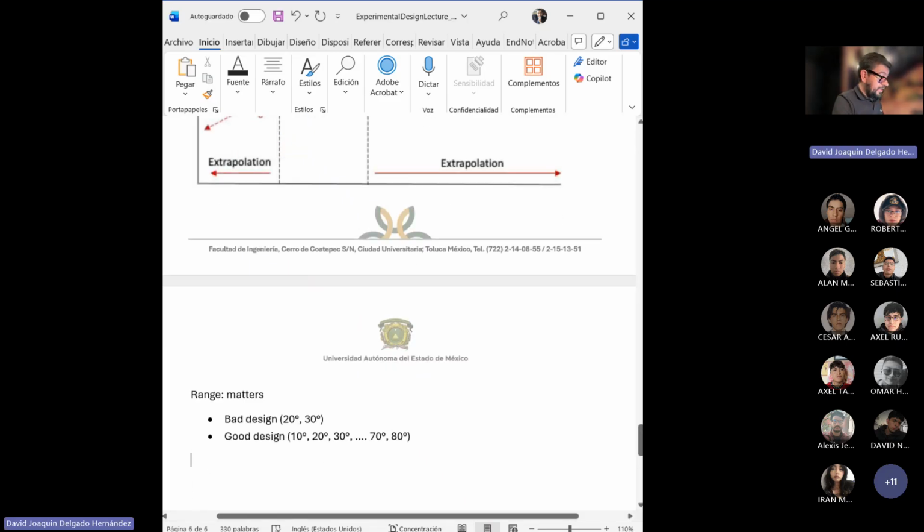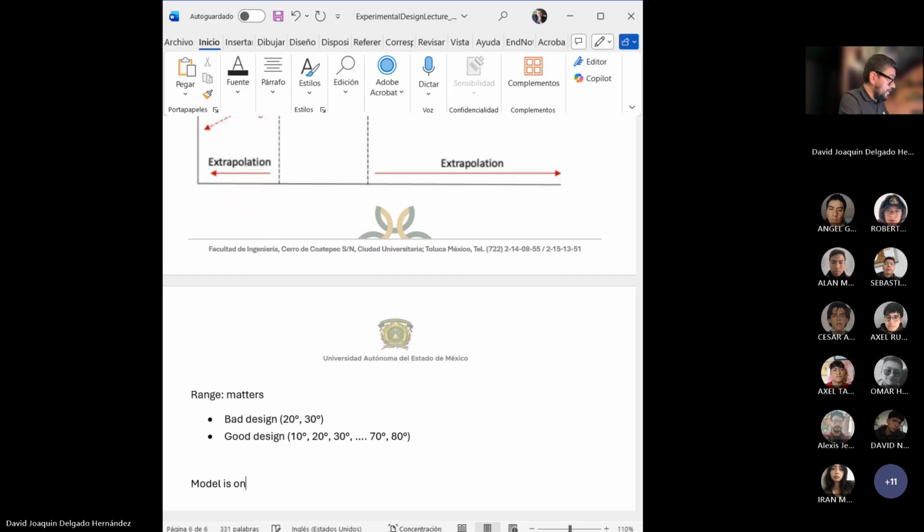What we can say here is that the model is only as good as the range of data it has seen. Okay?